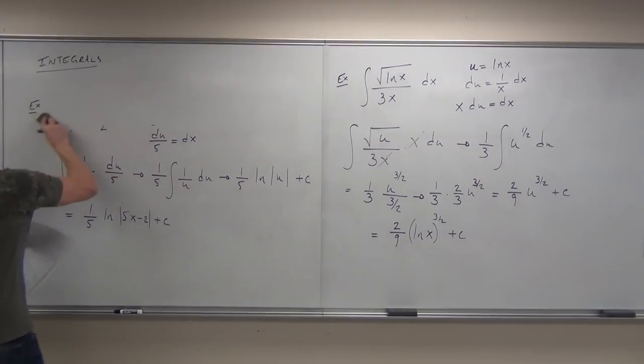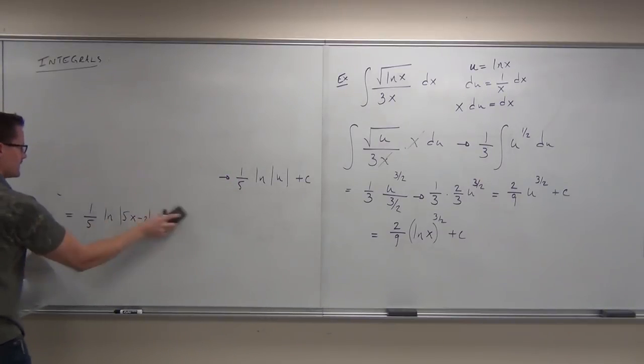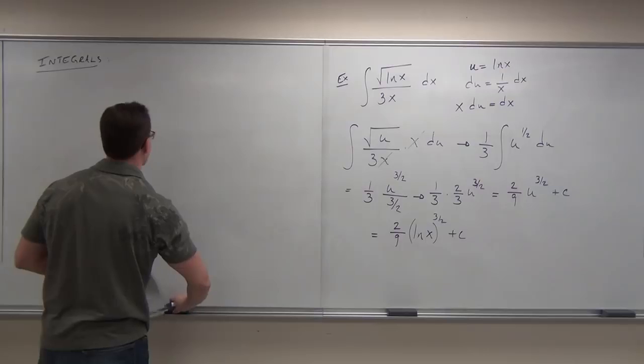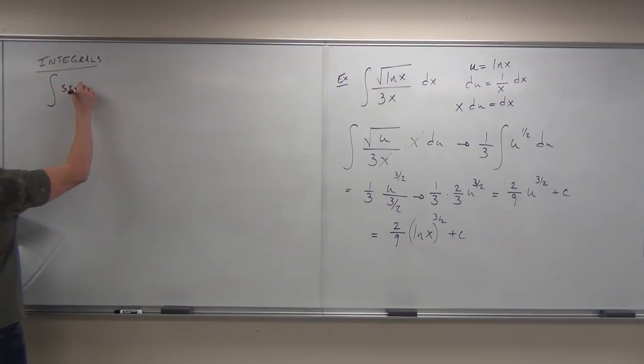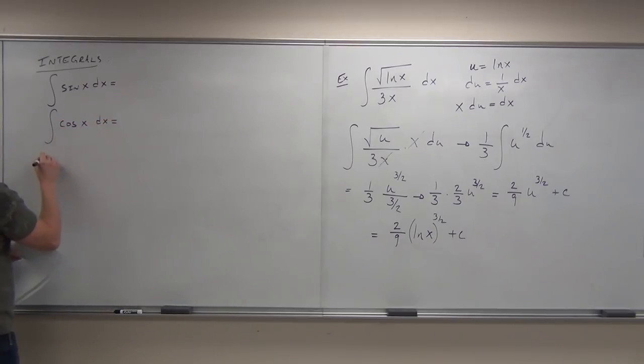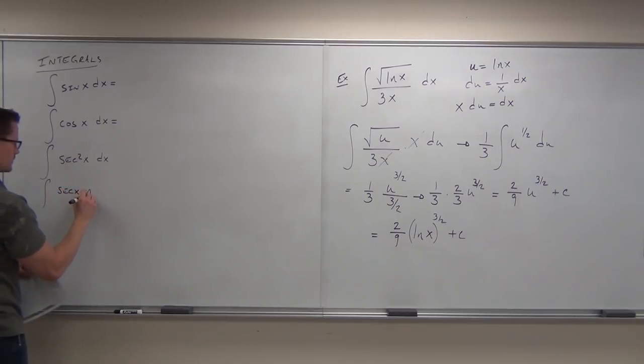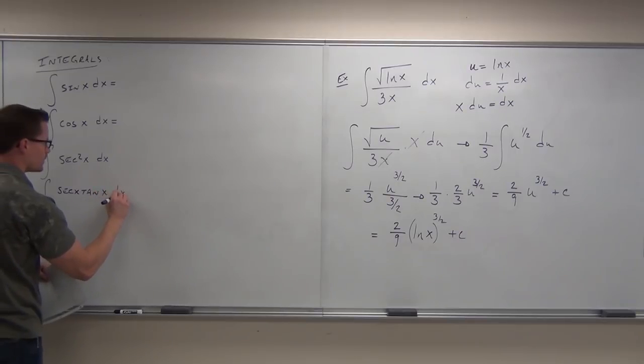Well, so far, here's a couple of them that you know. We know this one, and this one, and this one. I'll just do a few, just these ones for right now.